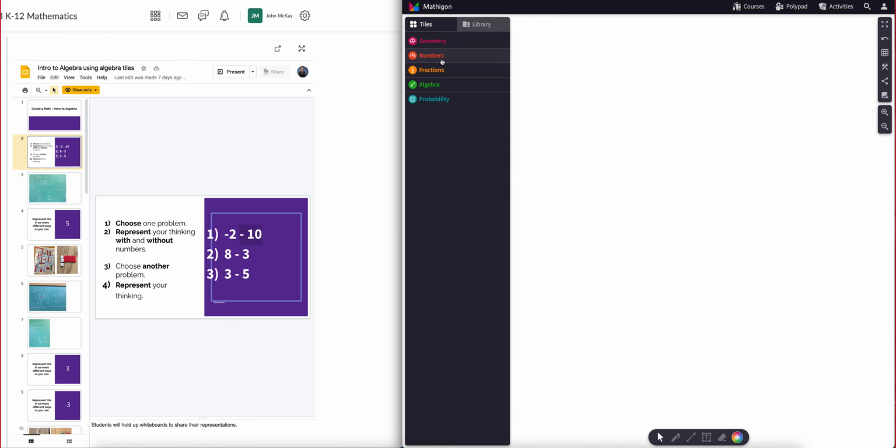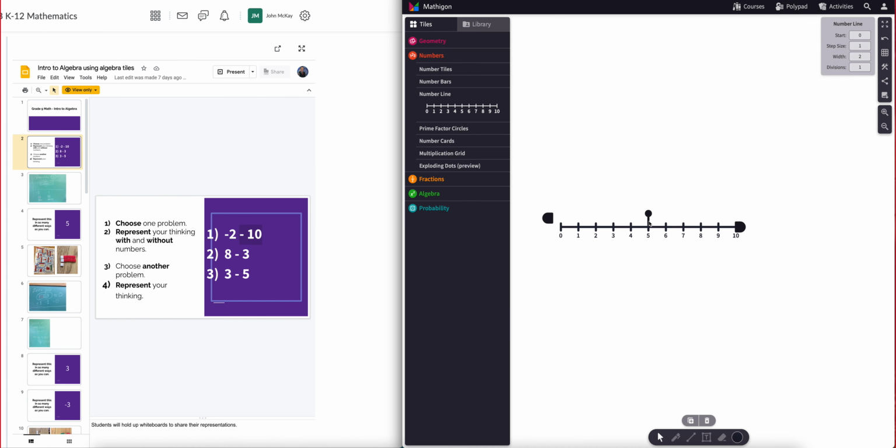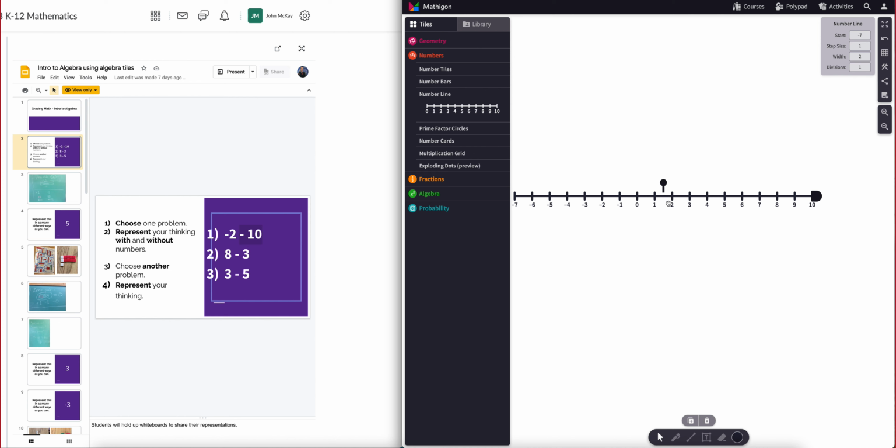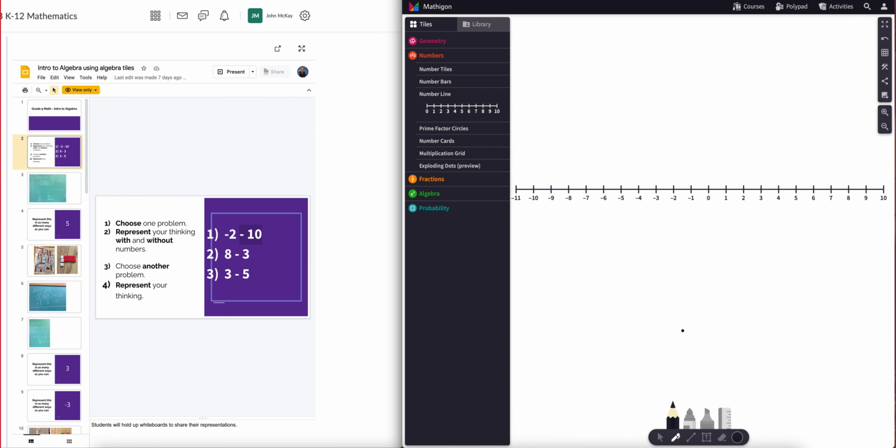We could even introduce a number line for that question. This is a pretty good tool. This tool is brand new to me, but I can see its value. I'm doing the first question again to illustrate.